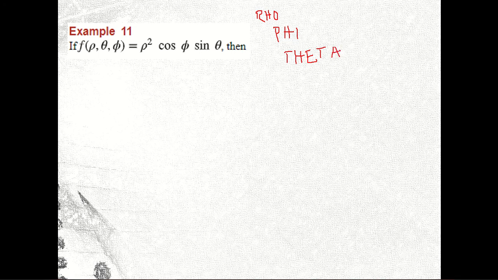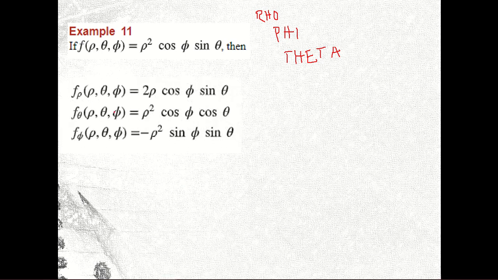All right. So taking the partial derivative with respect to each of these variables, we have the results here. When you take the partial derivative with respect to rho, it means you have to hold these two variables, theta and phi, as constant.